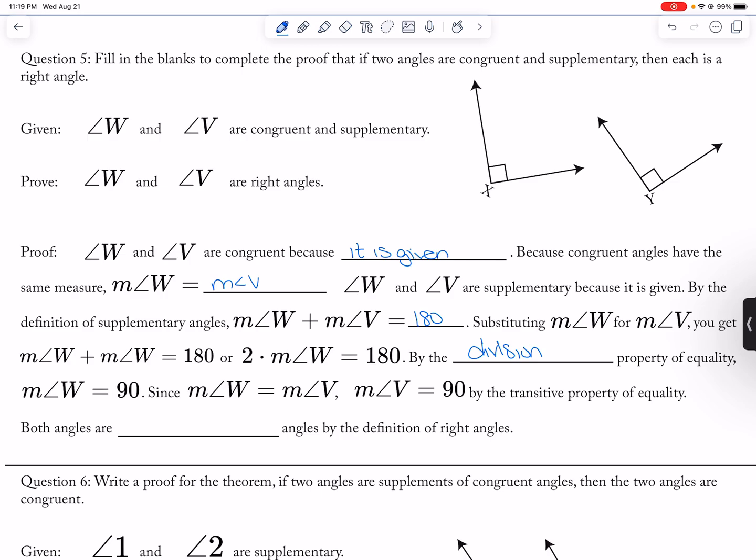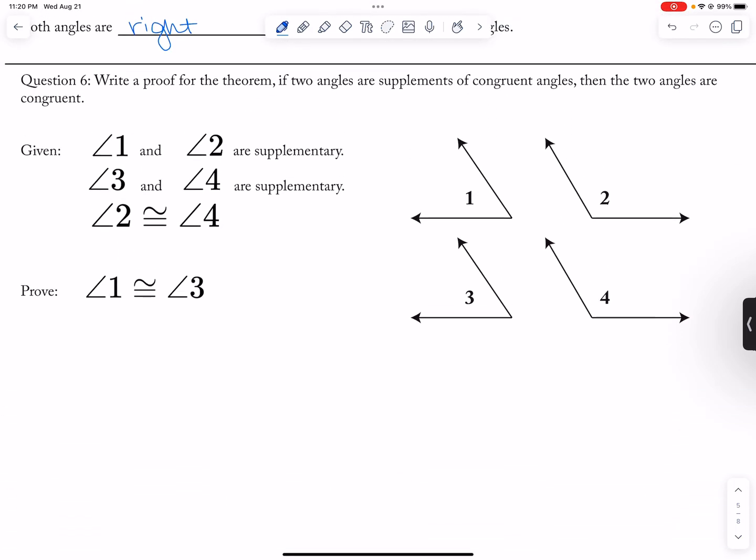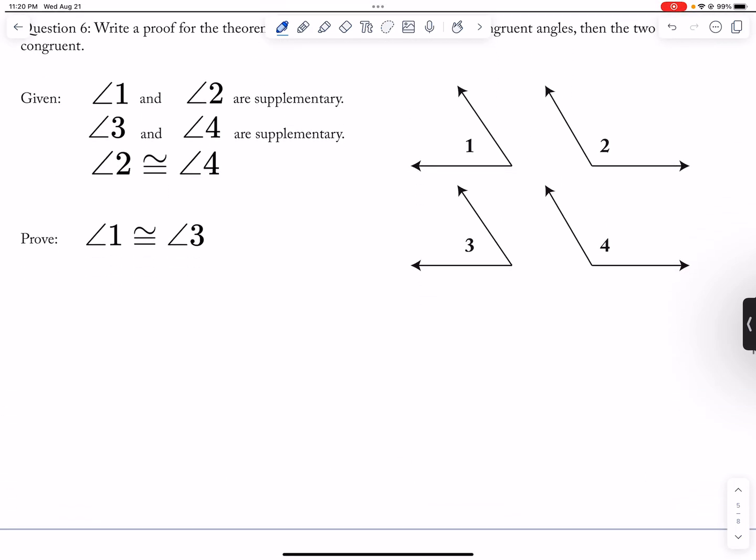Since W and V are equal to each other, V is 90 by the transitive property, so both angles are right angles. Okay? All right, so 6. Oh, I guess that's not Swiss cheese. I thought they were all Swiss cheese after I got to the fill in the blank one.